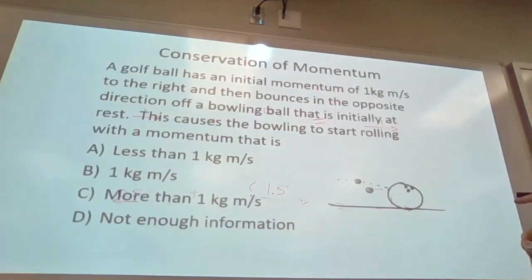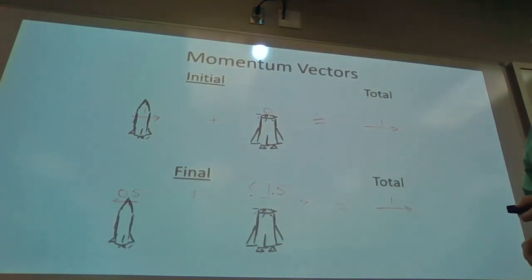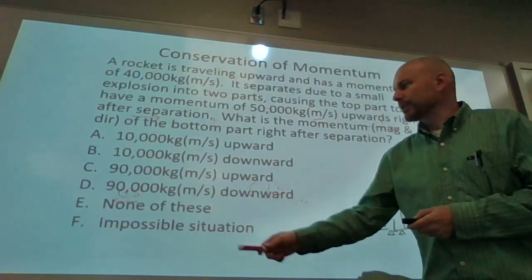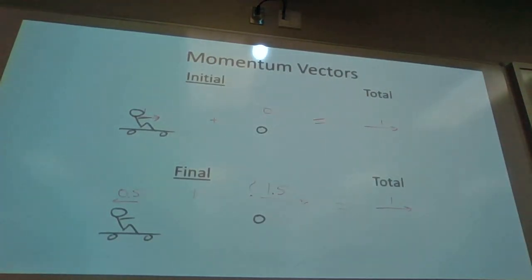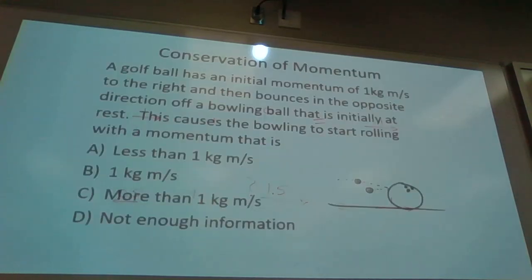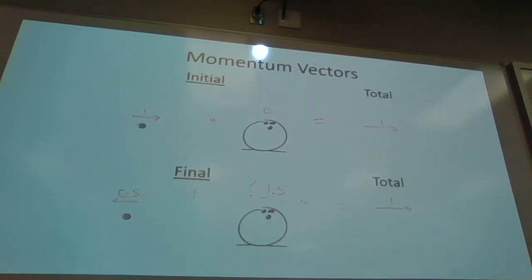Well, here we had more momentum than we started with. Here we had more momentum than we started with. Okay? Just saying we have more momentum than we started with, that's not a good indicator.